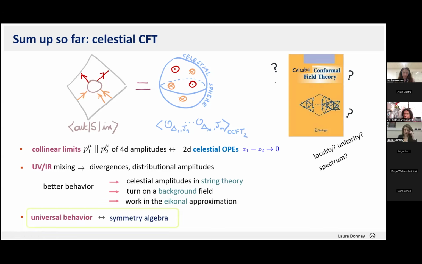And finally, the thing I want to emphasize tomorrow in the last lecture is that nevertheless, we can extract some universal behavior of this theory. It's also true for Carrollian holography, thanks to the symmetry algebra and the asymptotic symmetries, which are going to give us currents and a current algebra for the putative theory.